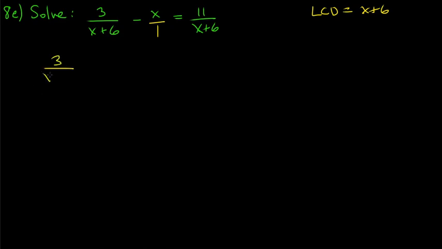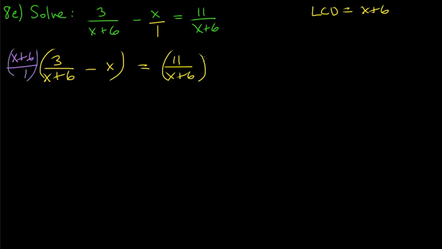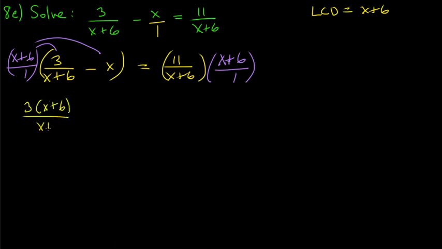So I'm going to multiply both sides by the x plus 6. But again, only in the numerators here. So x plus 6 over 1 on the left, and x plus 6 over 1 on the right. On the left, it gets distributed, so we're going to get 3 times x plus 6 over x plus 6 minus x times x plus 6 over 1 times 1.